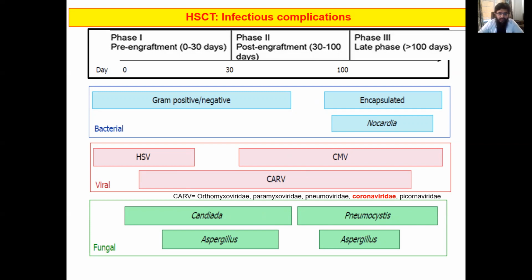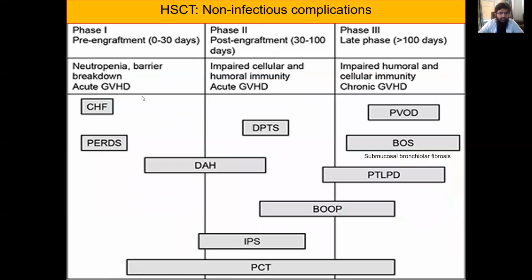Now, similarly, we can have non-infectious complications in the pre-engraftment, post-engraftment, and the late phase. In the early phase, it is due to neutropenia and barrier breakdown. The patient can have peri-engraftment respiratory distress syndrome. In phase 2, there could be a delayed pulmonary toxicity because of the drugs the patient is receiving, or an idiopathic pneumonia syndrome, which is a diagnosis of exclusion that we'll see later on.